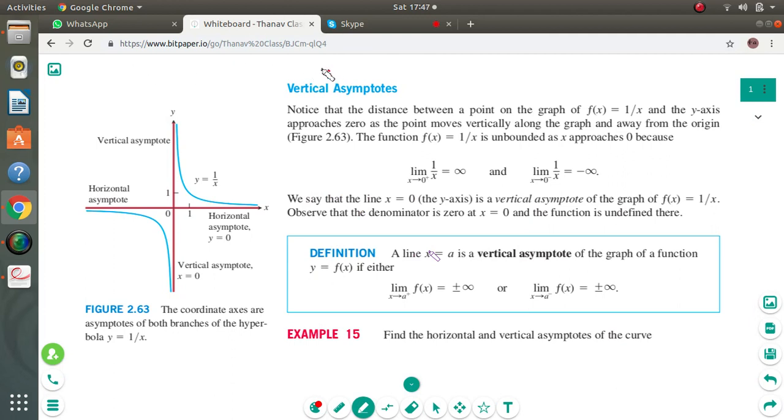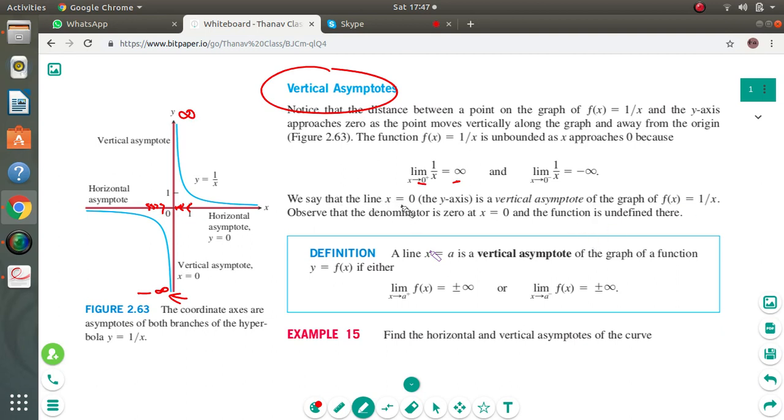Here we have for the vertical asymptotes, as x tend to 0 plus, the function leads to infinity, and as x tend to 0 minus, the function leads to minus infinity.